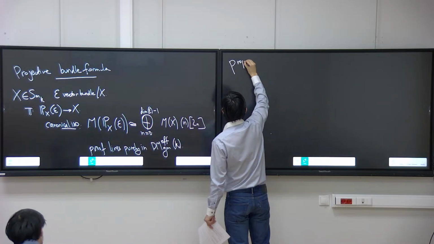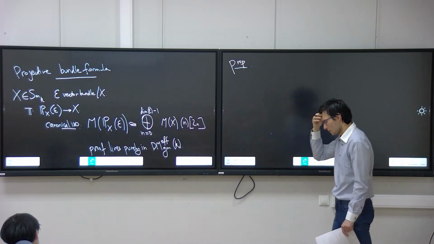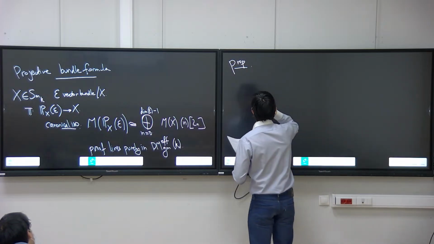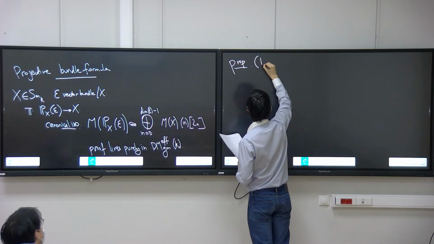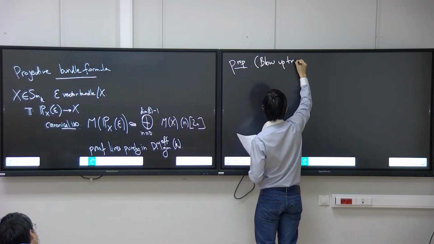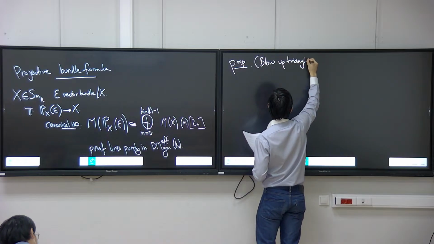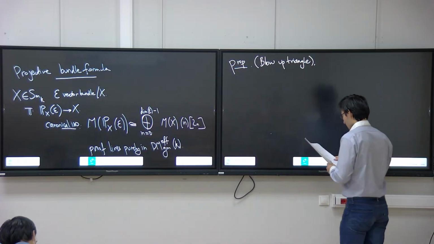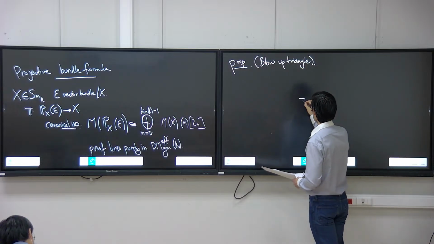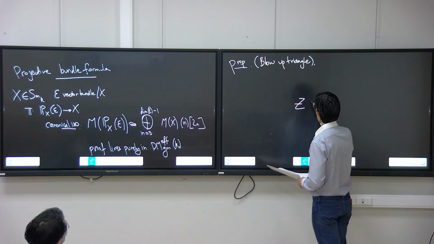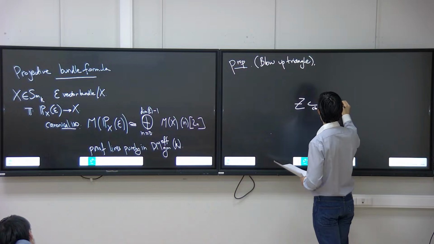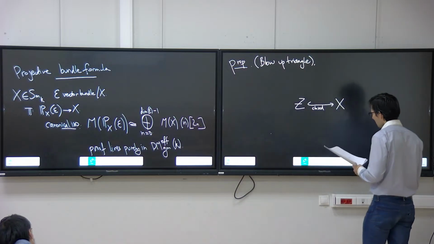Now we will actually prove something that requires sheaf cohomology theory. Let's call this the blow up triangle. The situation is as follows. I have a closed subscheme Z inside X, everything is smooth.